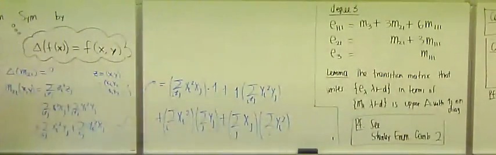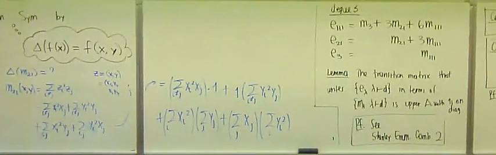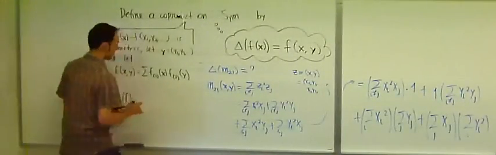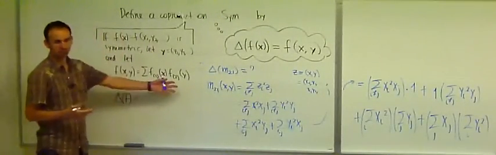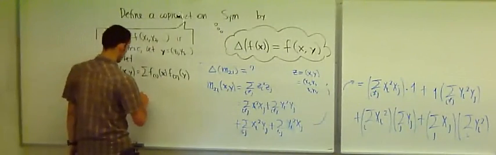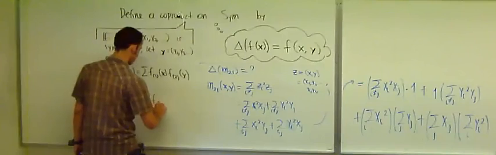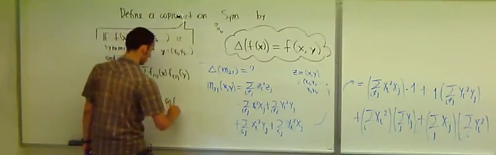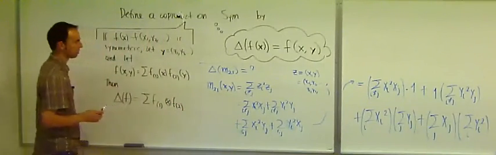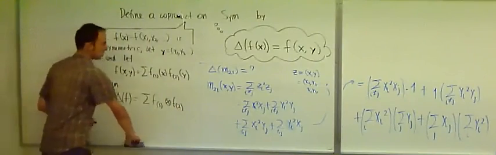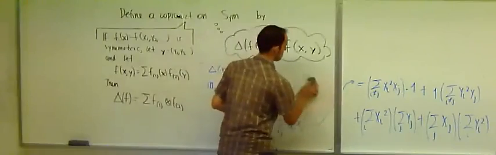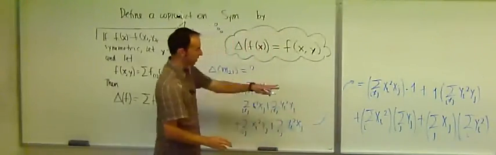Then how should I define the coproduct? The coproduct of f is going to be just making this into a tensor. Sum of f1 tensor f2. Okay? So in other words, what is delta of m21 according to this formula that I wrote here?